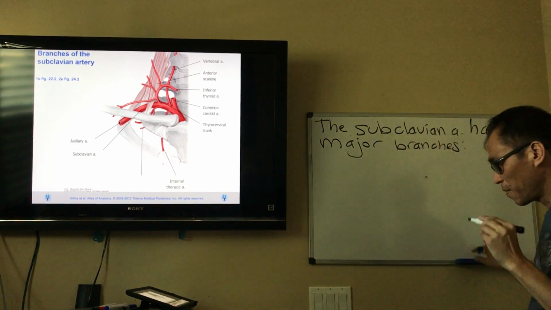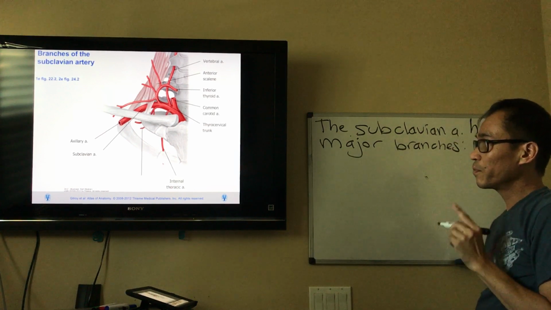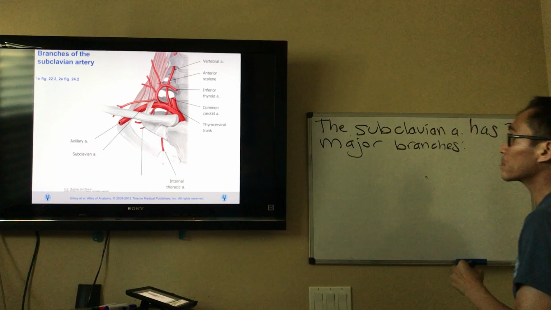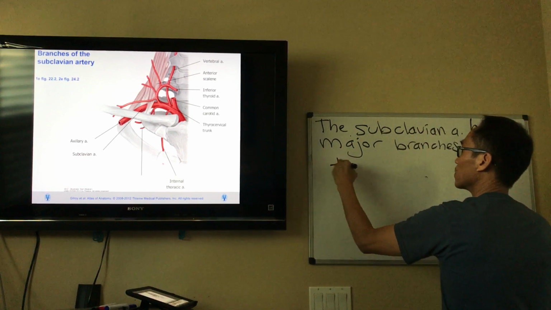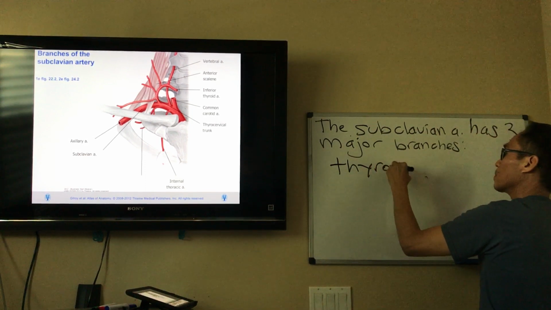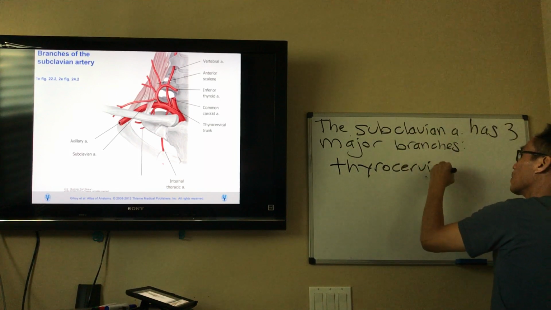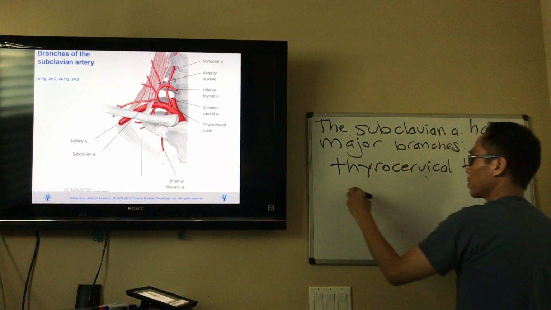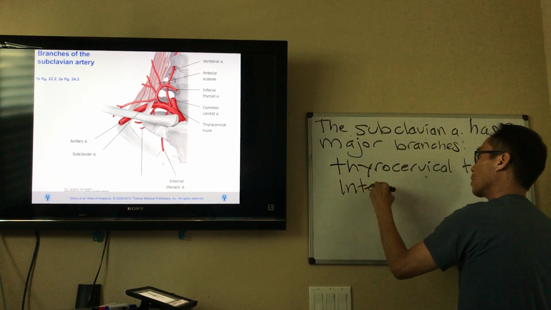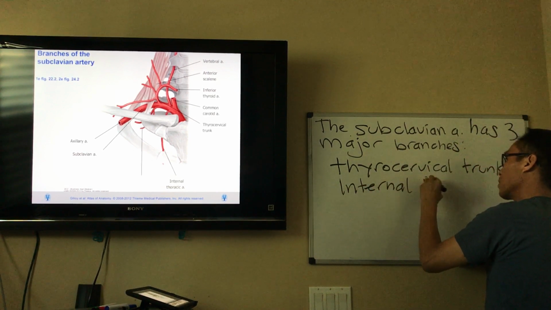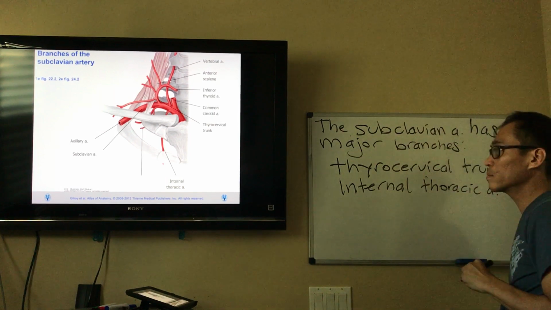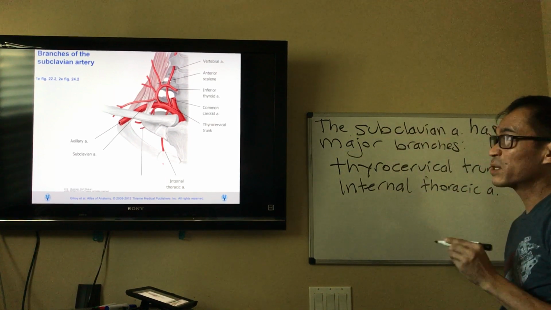They are the thyrocervical trunk, the internal thoracic, and vertebral artery.